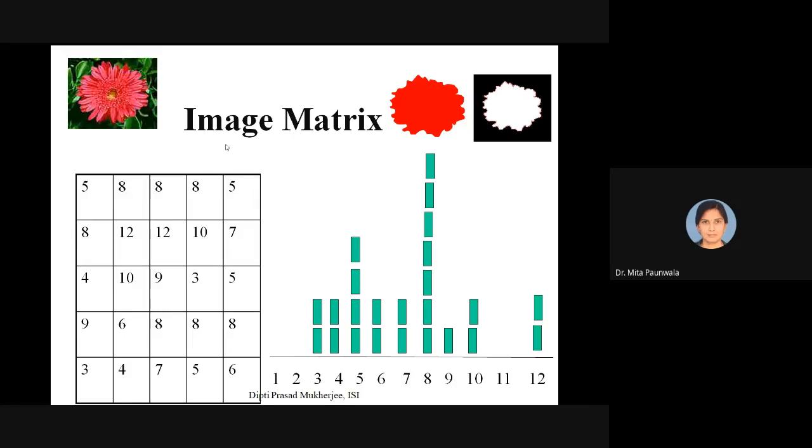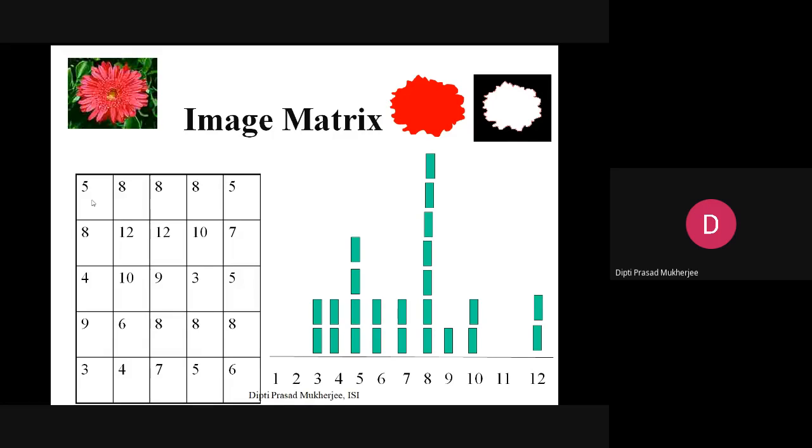If you look at the screen, any question? Okay. So let's look at that. There are small green bars. It's kind of a graph that I have drawn on the right hand side. Can anyone tell me what this graph represents? Histogram. So I am assuming that we have a fairly good idea about the histogram. Here, this matrix has 5 rows and 5 columns.